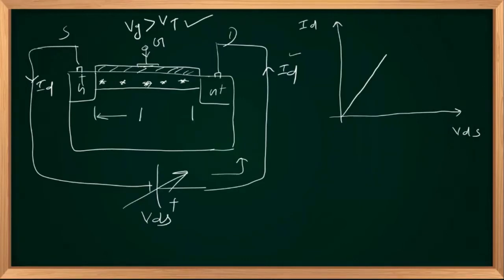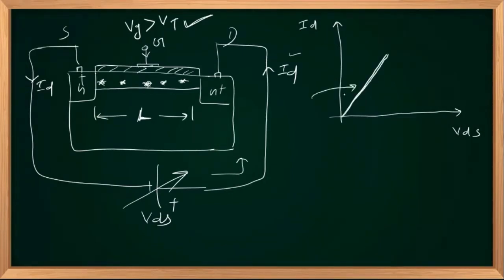Let me call it channel length L. So throughout L, you will have carriers if and only if gate to that point potential is greater than VT, because VT is the minimum voltage required to create the channel, right? And if that condition is satisfied, if you are varying VDS, drain current varies linearly as per Ohm's law.